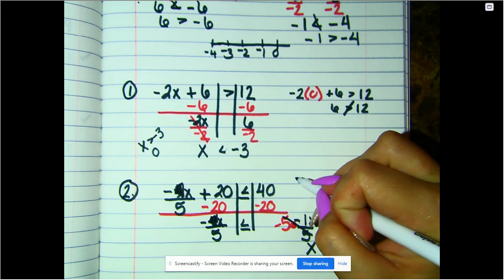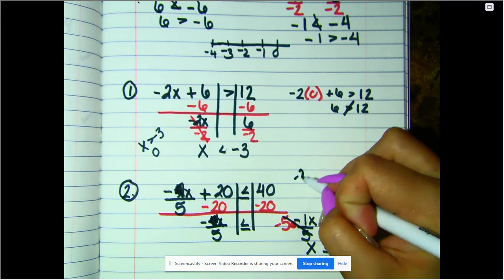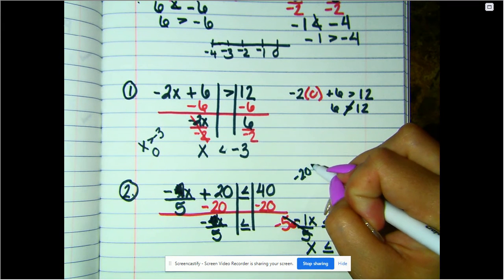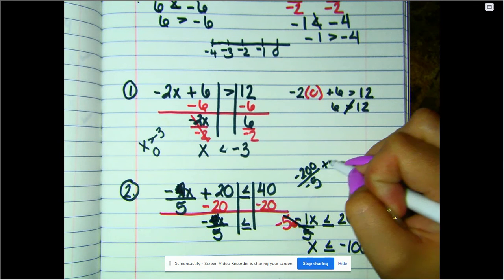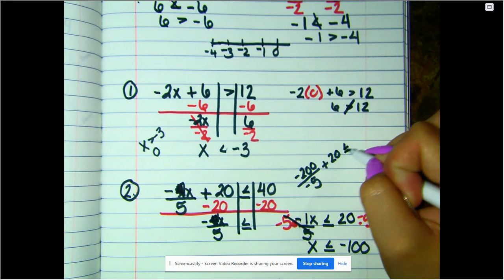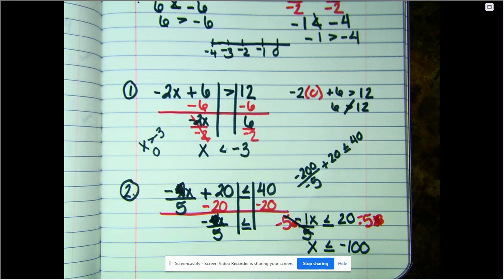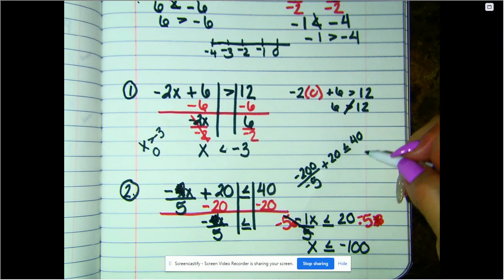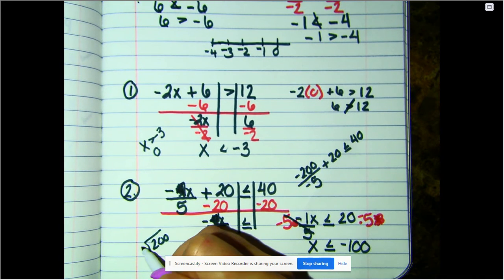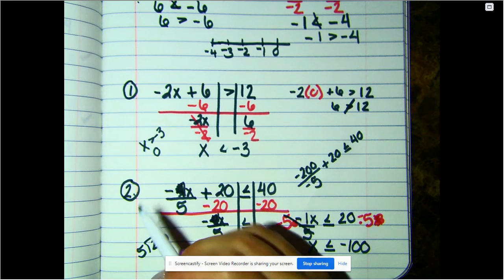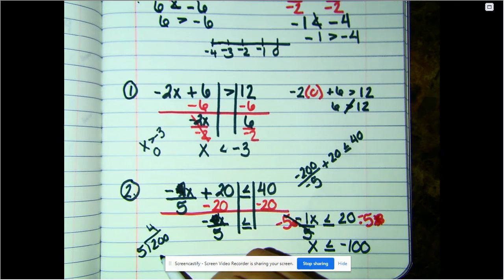So if I was to plug that in, it would go as negative 200 divided by negative 5 plus 20 is less than or equal to 40. So we have negative 200 divided by negative 5. If you want to write this one out, 200 divided by 5 is 40.